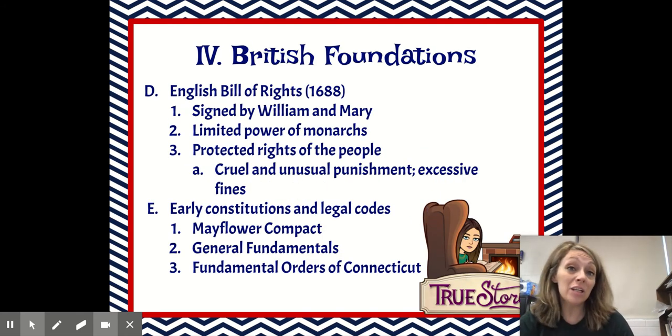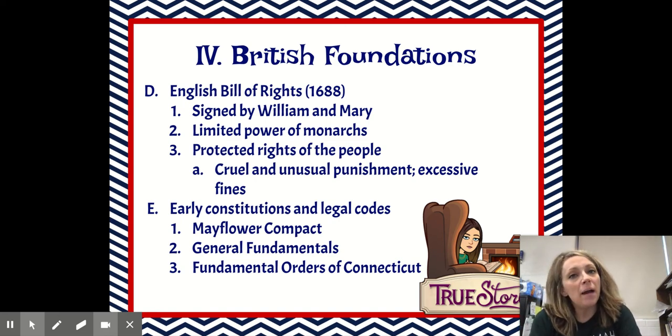Next, we have the English Bill of Rights, signed in 1688 by William and Mary. Basically, England found themselves without a king, and they went to the previous king's closest living relative, which was Mary. She was already married to William, and they basically said, hey, you want to come be Queen of England? And she said, I'll only do it if my husband can rule with me. And they said, that's great, but you can only do it if you sign this English Bill of Rights.